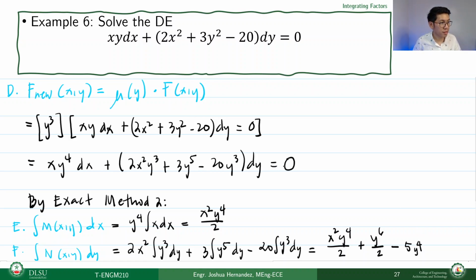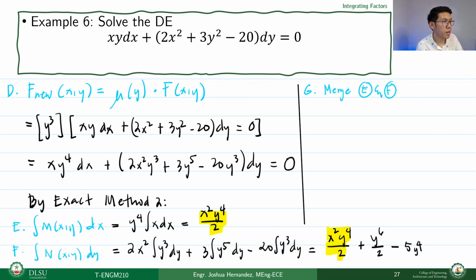We can notice before we proceed to our next step, which is merging, that meron tayong parehas na term dito. Ito at ito. Right? So our final step is to merge the first and second integrals, and set this to F new.